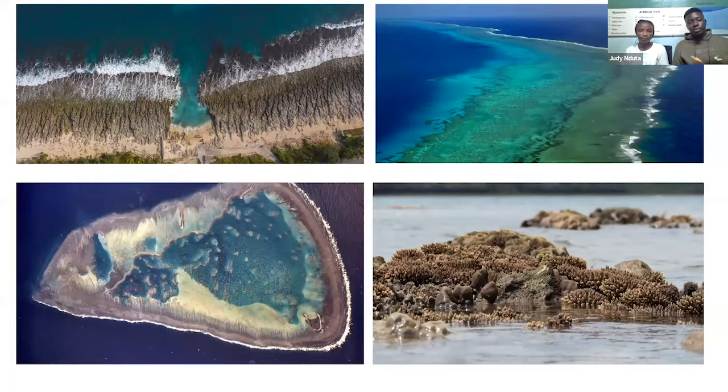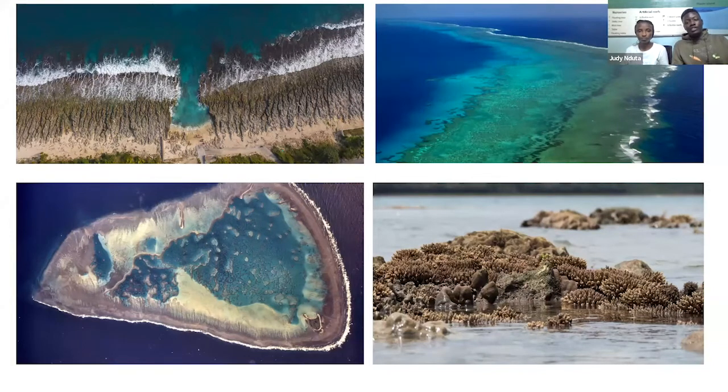So there are 4 types of coral reefs, and I will go through all 4 in a little bit. Fringing reefs, which are the first at the top left picture on your screen. Fringing reefs grow along coastlines. They tend to be separated from the shore by shallow lagoons.